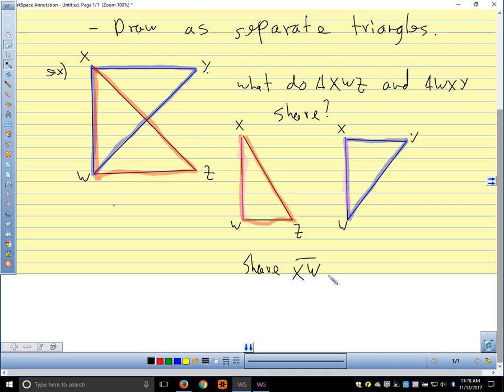Sometimes we'll have a drawing like this where it looks like the problem has to do with overlapping triangles, but when we identify the parts that are important, the problem is not about overlapping triangles. So figuring out what the pieces are that we're looking at is an important first step. So I just want to go through a couple of proofs that use this kind of idea.